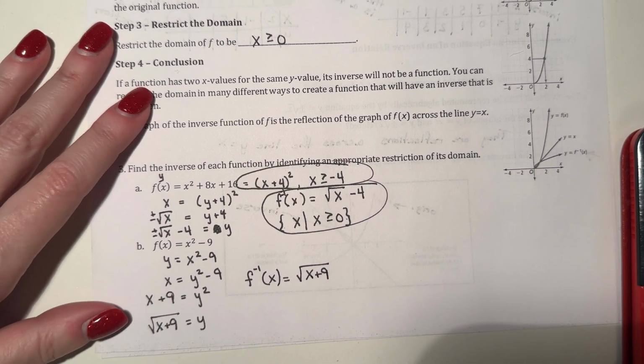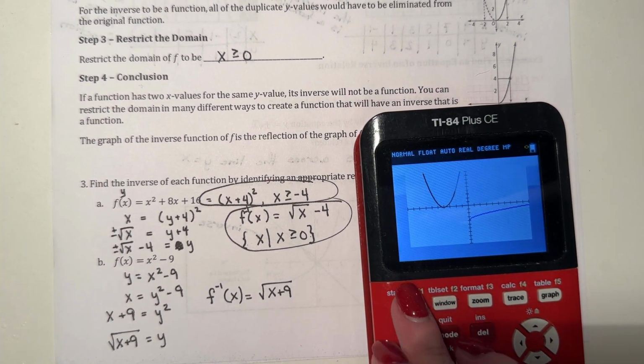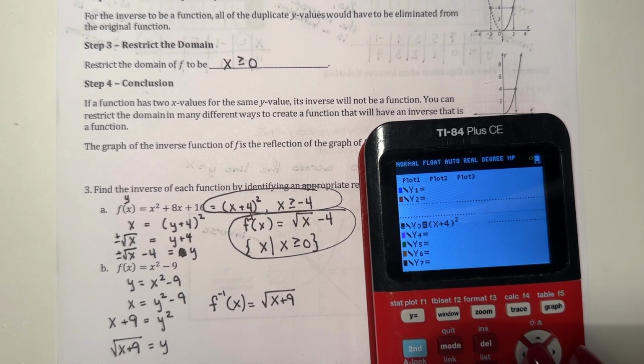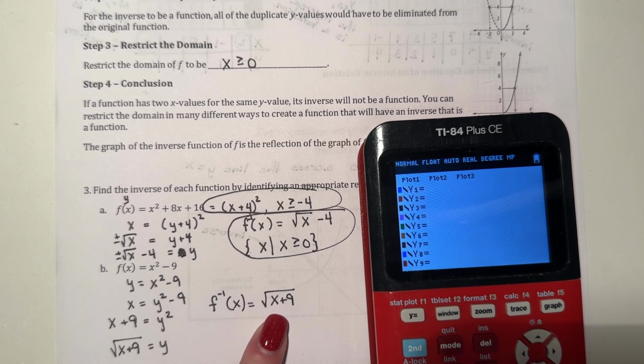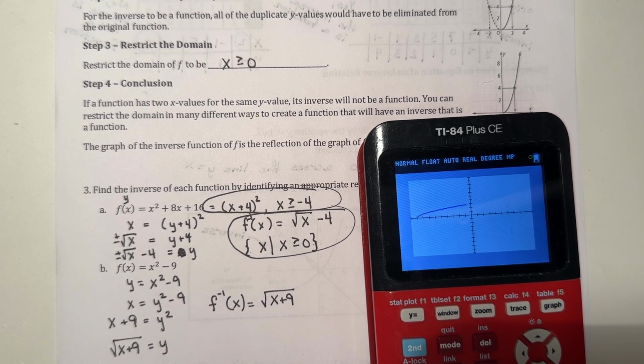Okay, so let's talk domain restrictions. So going over to our graph, get those out of there. Remember, we're only going to do the positive. We're not going to do the negative. So looking at this graph, we want our x values to start way over here. Remember, I'm using a 10 by 10 graph.